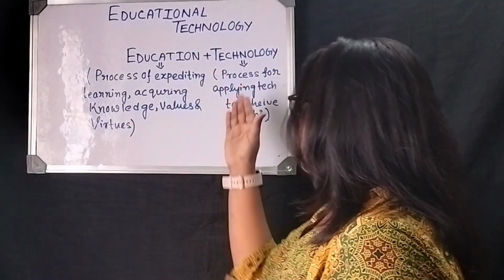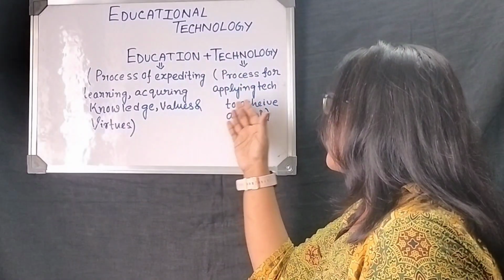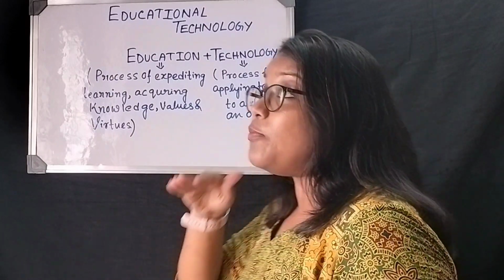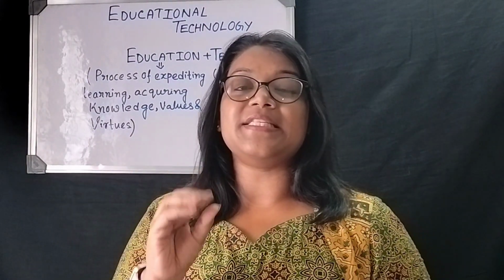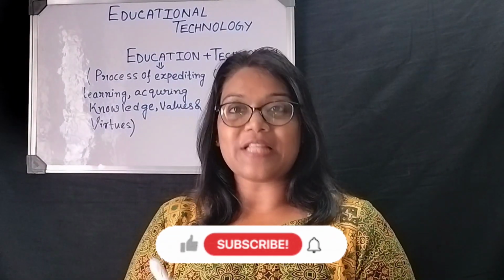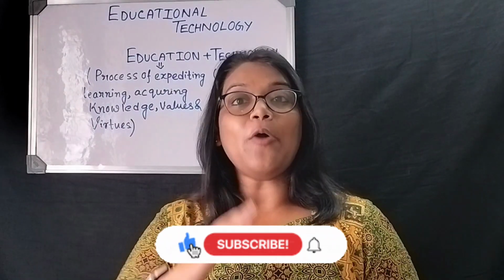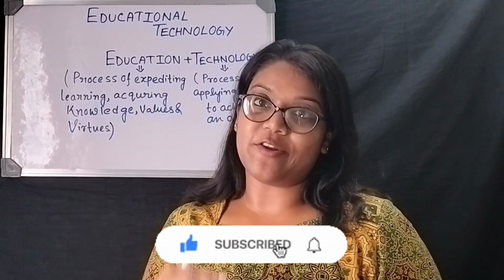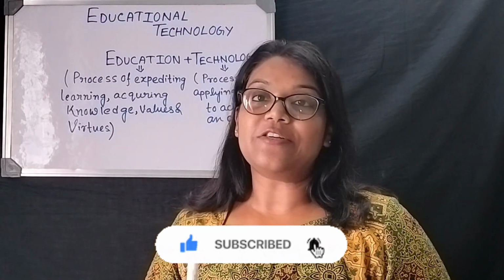Now going to the second word, that is technology. Technology is the process of applying technology to achieve an objective. That is the basic meaning of technology. So it is basically a technical process. Now going to educational technology: it is the systematic process of technology in the field of education.